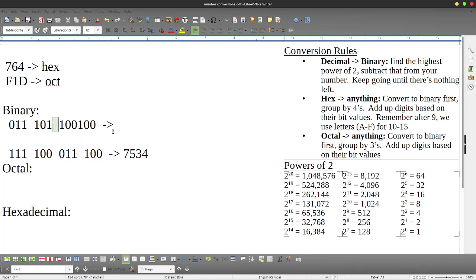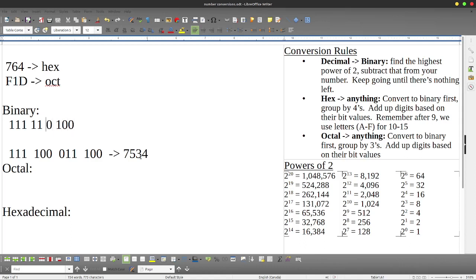I don't know what I did up there. I'm going to redo this one, just to be safe. So that's octal, right? So that's 7, 6, which is 4 plus 2, and 4.